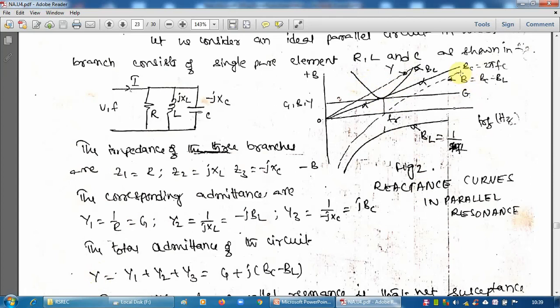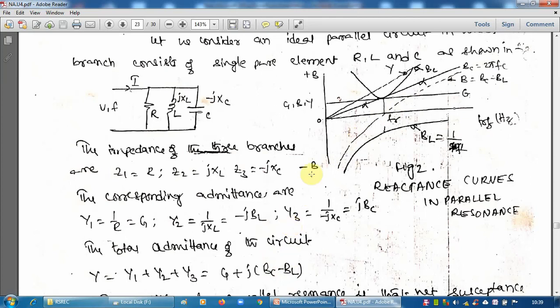And this is the net susceptance. We have seen that this is BC, the capacitive susceptance. This is the inductive susceptance, and this curve is the net susceptance, BC minus BL.